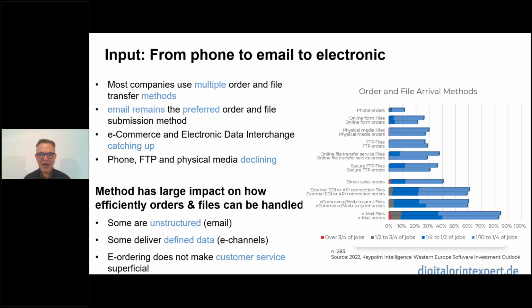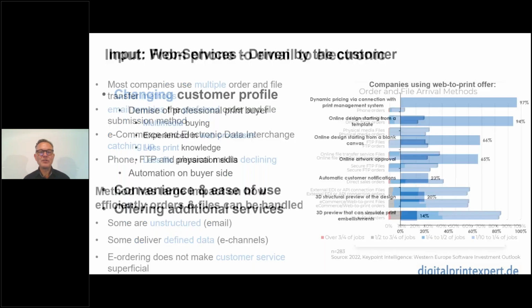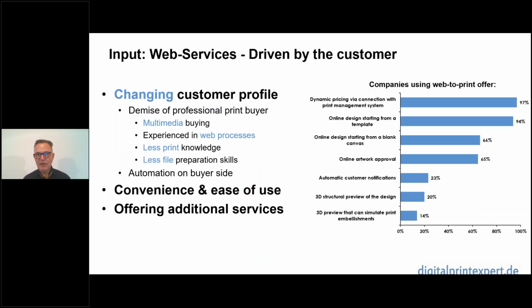And actually on the next slide, we see how this is driven by also changes in the customer. So not necessarily driven by printers, but the customers are changing. We've seen that the professional print buyer is getting more and more rare. So it's now multimedia buying, persons experienced in web processes, but not necessarily in print.